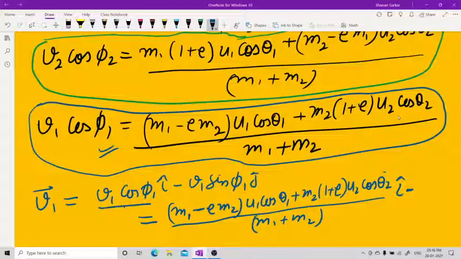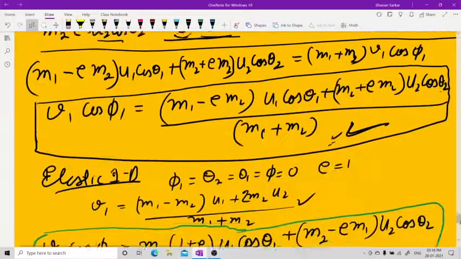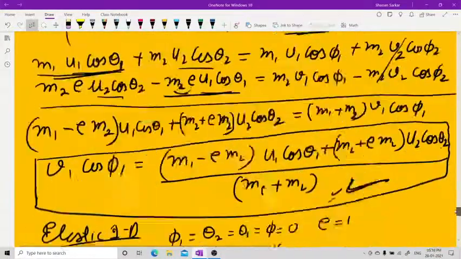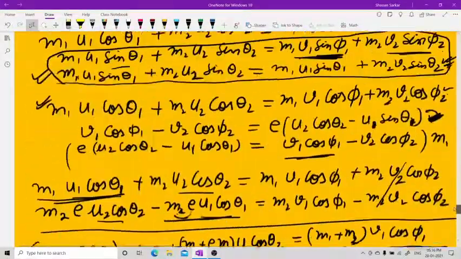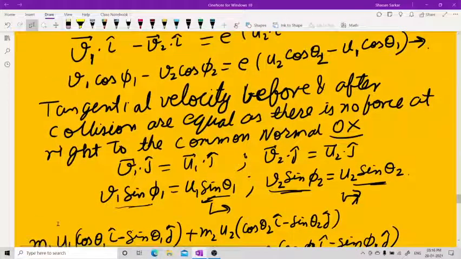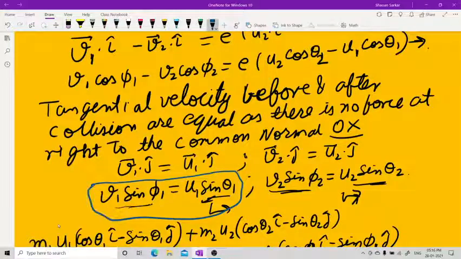Instead of v1 sin phi 1, you may write u1 sin theta 1, just as I told you, they are equal here. Let me find where I did that calculation. Yes, here. This calculation is very, very important. One calculation is this, the other calculation is this. These two calculations are very important.